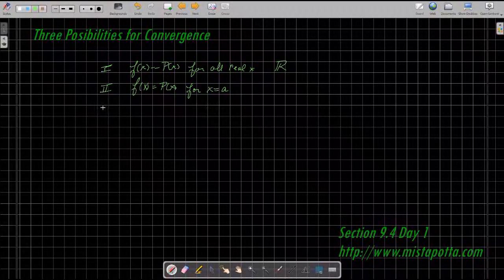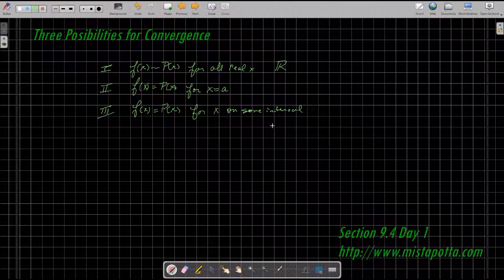But the most likely outcome is that f of x is going to be equal to my power series for x on some interval.